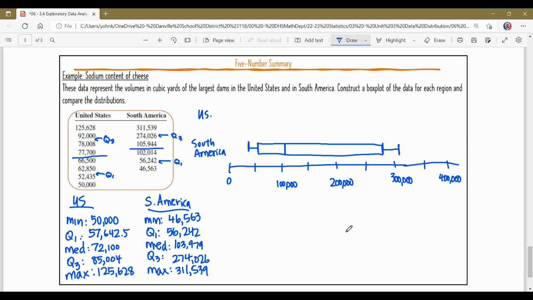Interesting. Okay, if we do the US, min is 50, so it's relatively the same. 57, also very similar. 72, so that's 75. We'll say right there. Q3 is 85. Okay, maybe right there. And the max is 125.